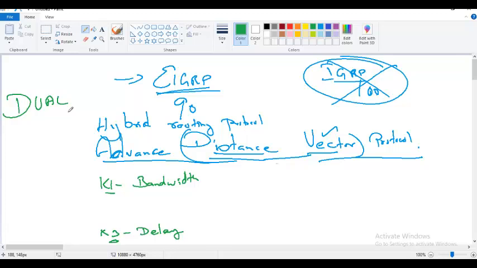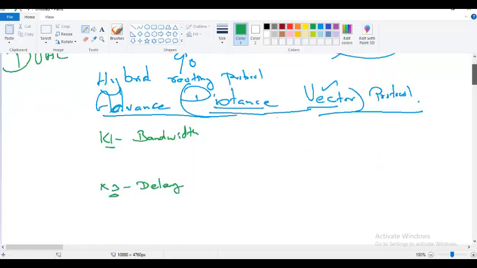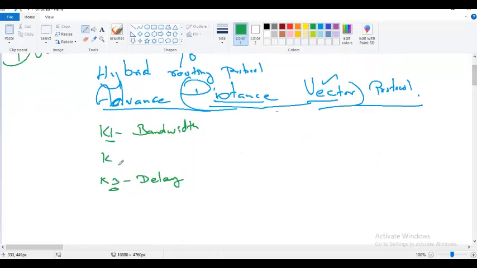K4 again not considered, which is reliability. K5, which is also not considered, maximum transmission unit. Though there are 5 parameters in the formula, EIGRP currently considers only these 2.